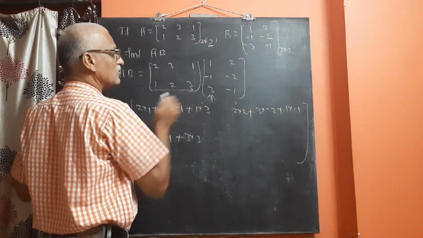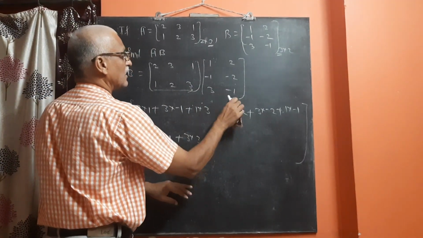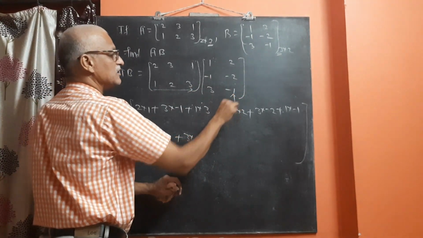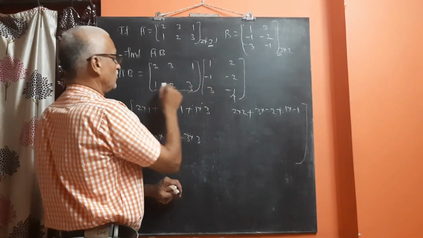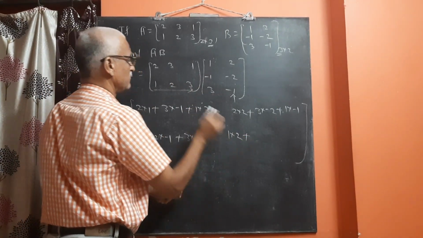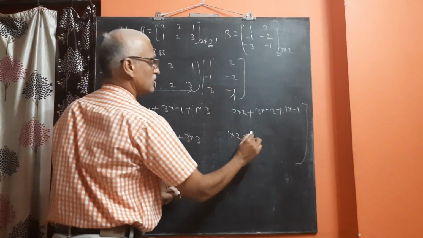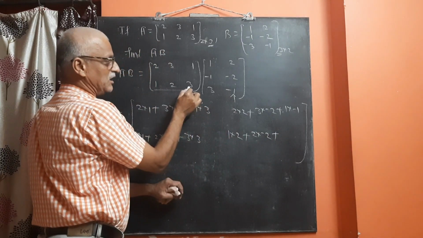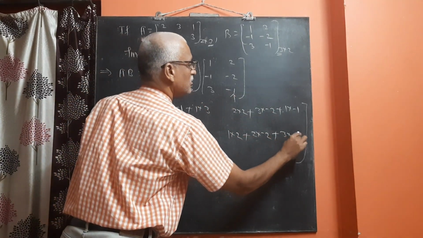Then second row and second column, that means this one, we get 1 into 2 plus 2 into minus 2 plus 3 into minus 1.